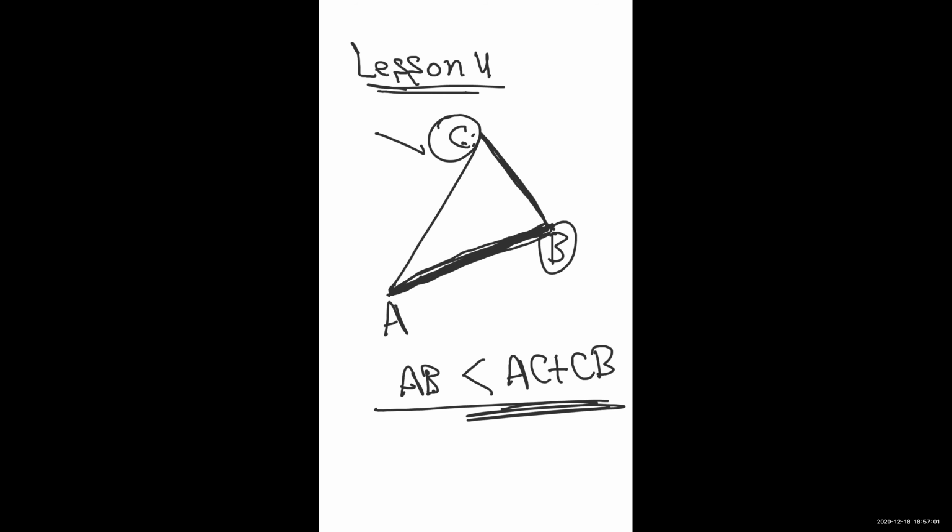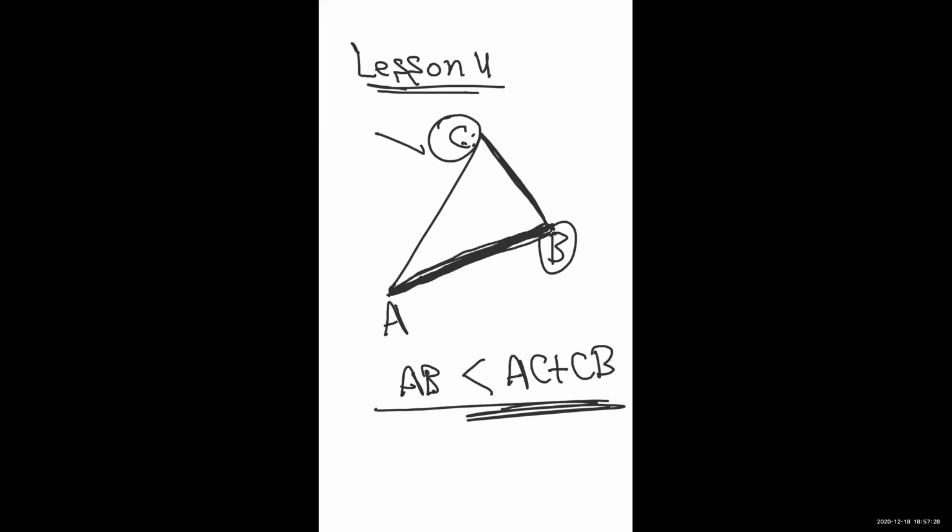So simply, inside that triangle, the sum of two sides is greater than the length of the third side, right? So this means the sum of AB plus BC is greater than AC. The sum of BA plus AC is greater than BC. So the sum of any two sides is greater than the third.